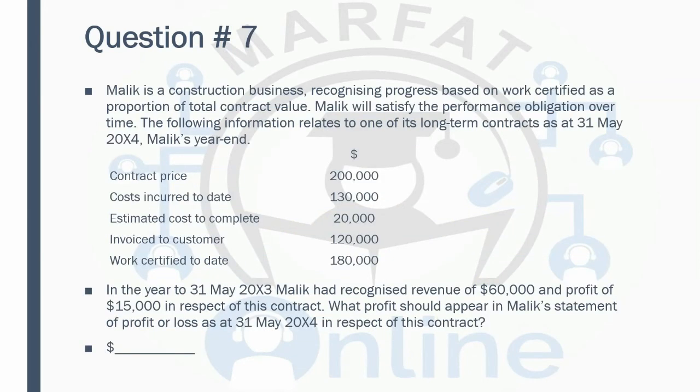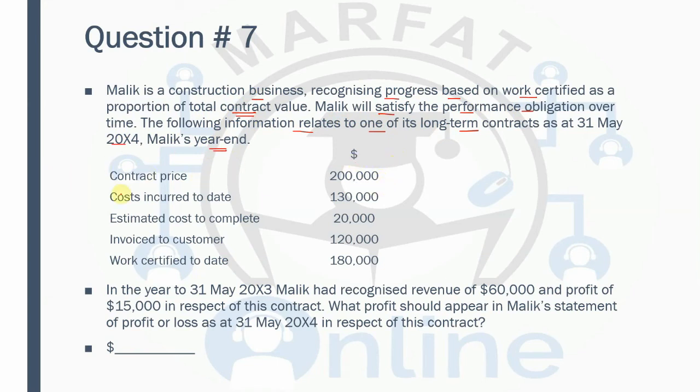Question number 7. Malik is a construction business recognizing progress based on work certified as the proportion of the total contract revenue. So that means the output method. Malik will satisfy the performance obligation over time. The following information relates to one of its long-term contracts at 31st May 2004, Malik's year end.